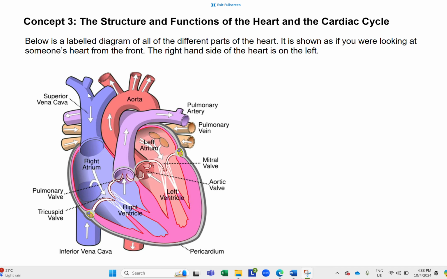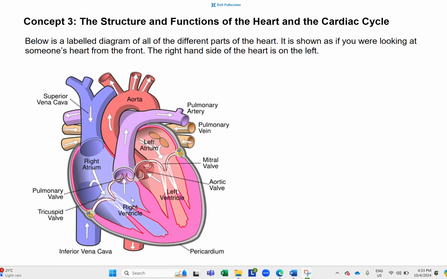And this ensures that your blood only flows in one direction. This one is called the tricuspid valve. It's called that because there are three parts to this valve, three little curves, but you can only see two. It's a cross section, which means it's like a slice of the heart.